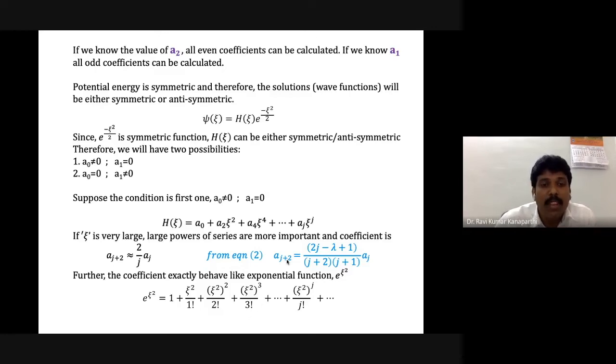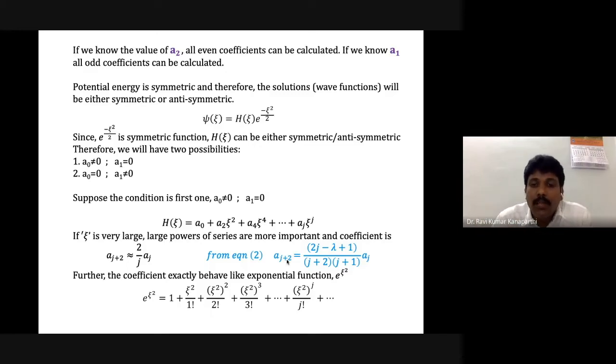the larger, higher terms. Higher terms mean basically z to the power j. So at a larger displacement, higher values of z, the higher powers of z are actually prominent.